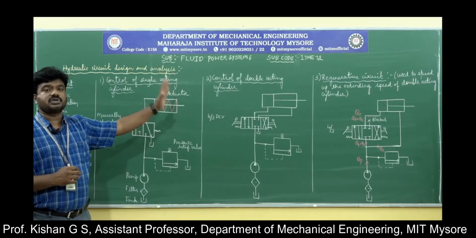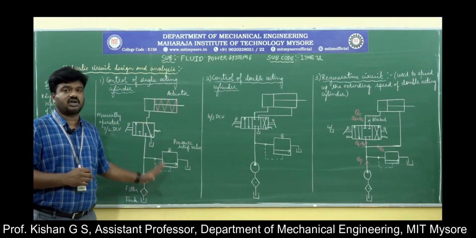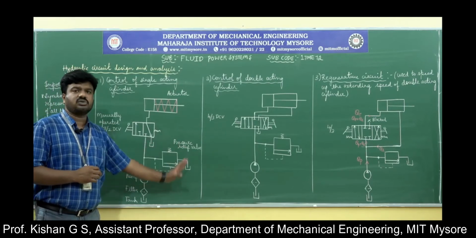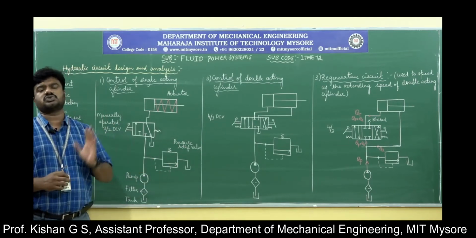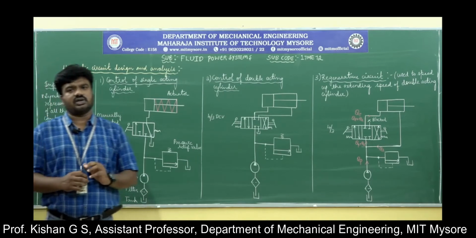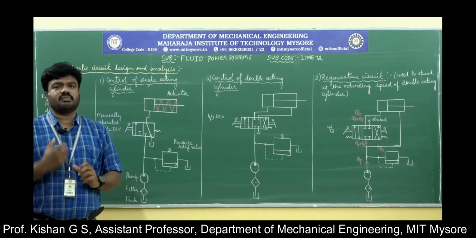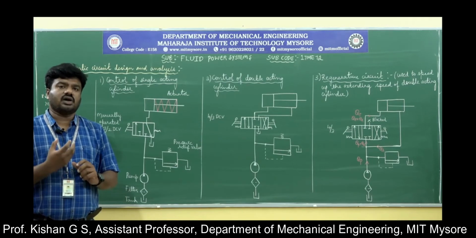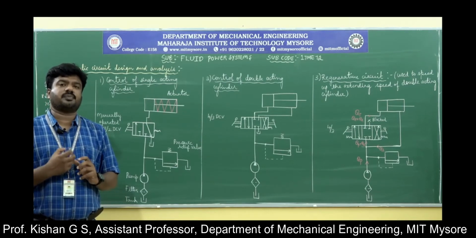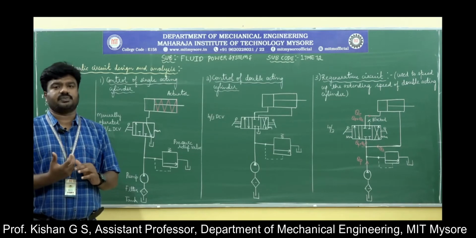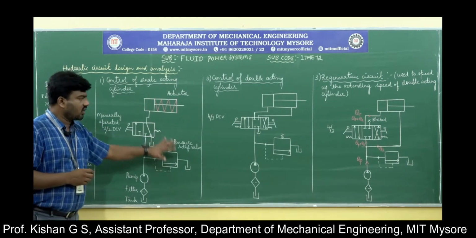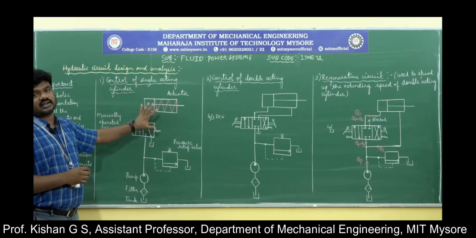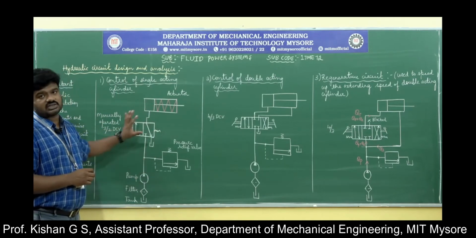It is commonly observed in almost all the circuits wherever we take hydraulic circuit design and analysis, because it is a main component which relieves the excess pressure beyond the set pressure. So that is how you control the single acting cylinder.